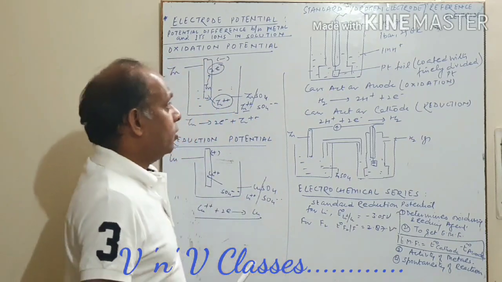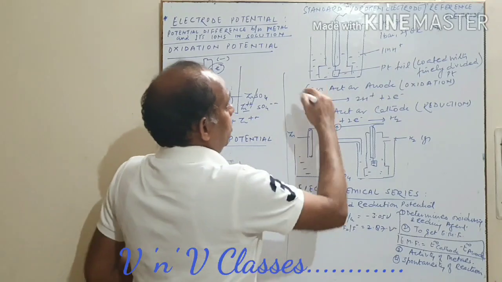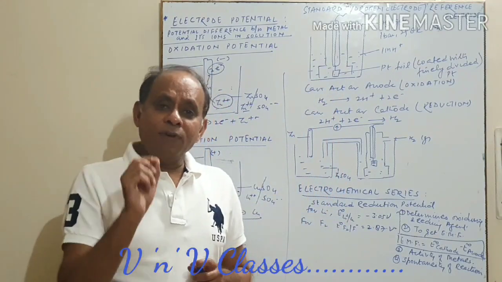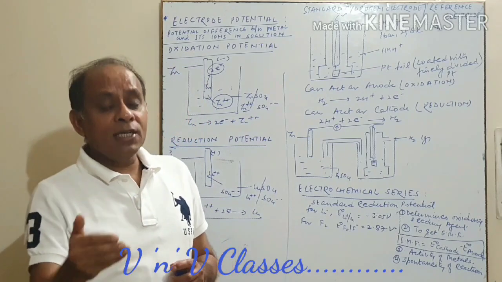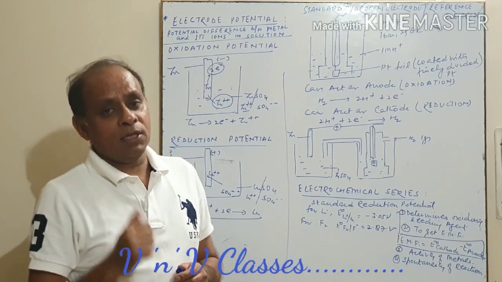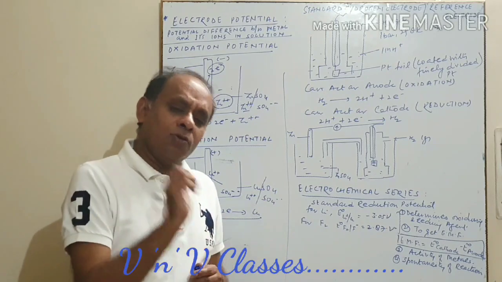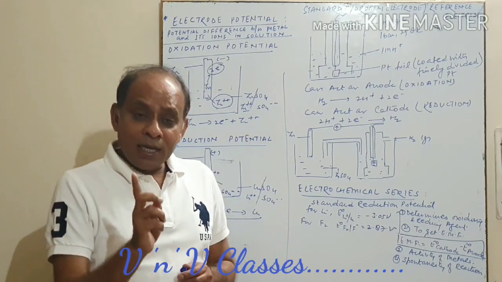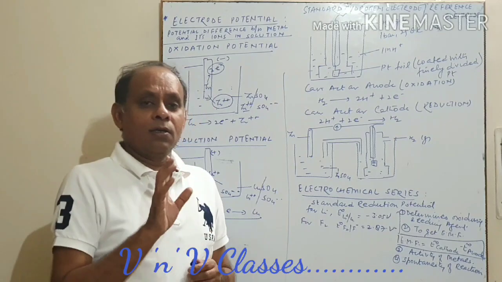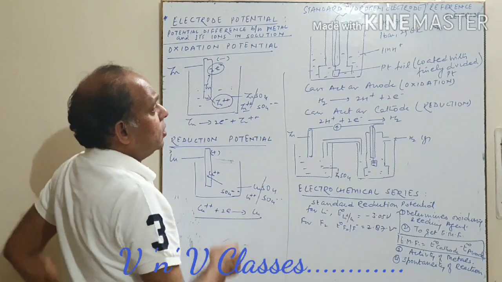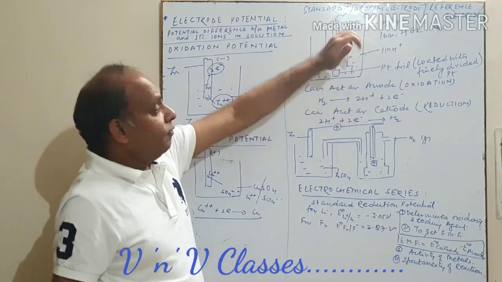To get their values, remember, everywhere when you want to measure or calculate something, it has to be measured against some standard. By comparing with something fixed, when you want to find these electrode potentials, you have to compare with something.